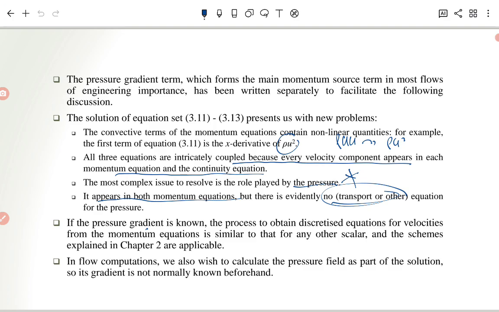However, in the flow computation, we also wish to calculate the pressure field, which is mostly part of the solution of the CFD calculation, and the gradient is not normally known beforehand. So we do not know the pressure gradient before we start to do any calculation in CFD.